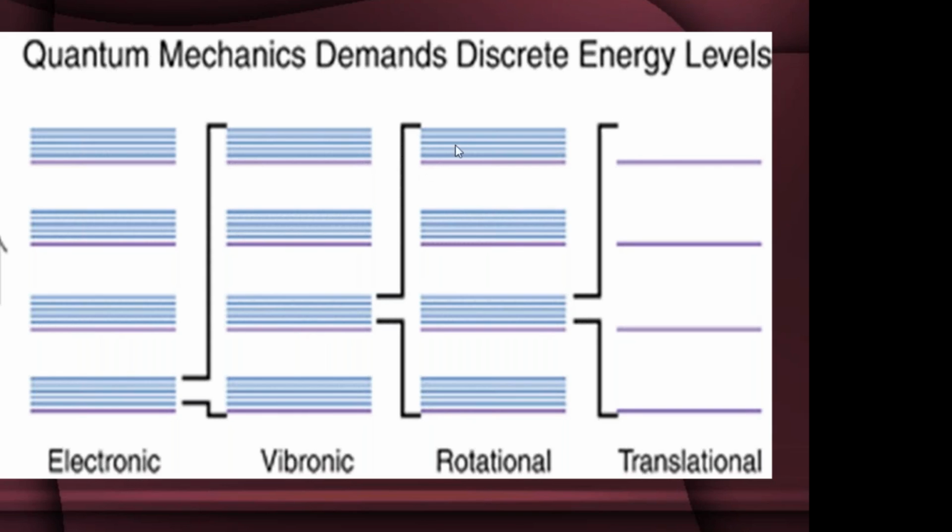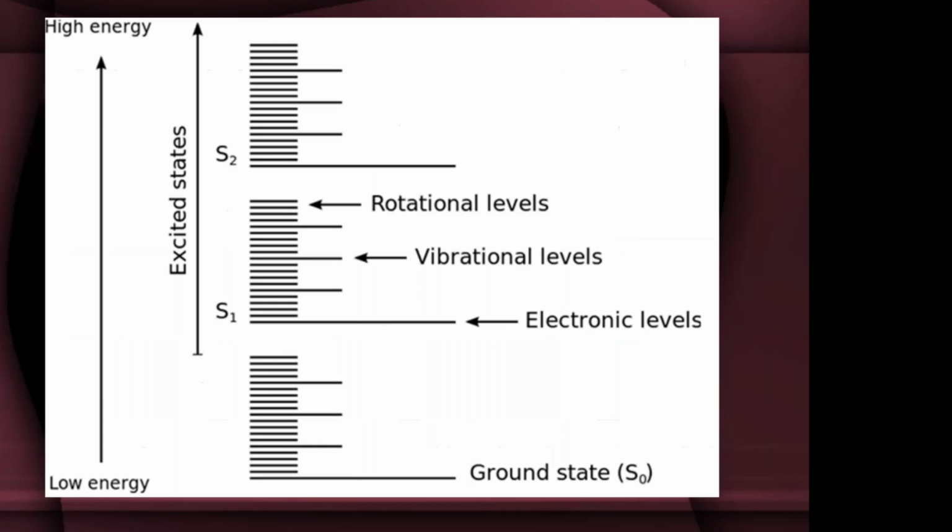Again, magnifying this part, you will see each one being split into a number of lines, and each of these lines represents one translational energy level. So this is quantum mechanics, which demands discrete energy levels. So I hope it is now clear what vibrational, rotational, and electronic energy levels are.